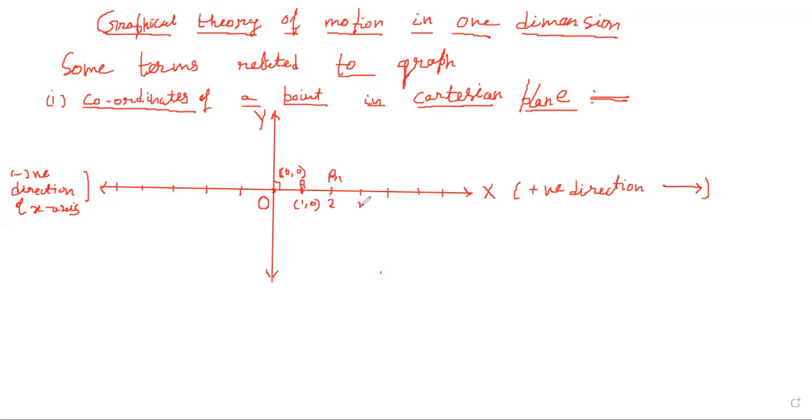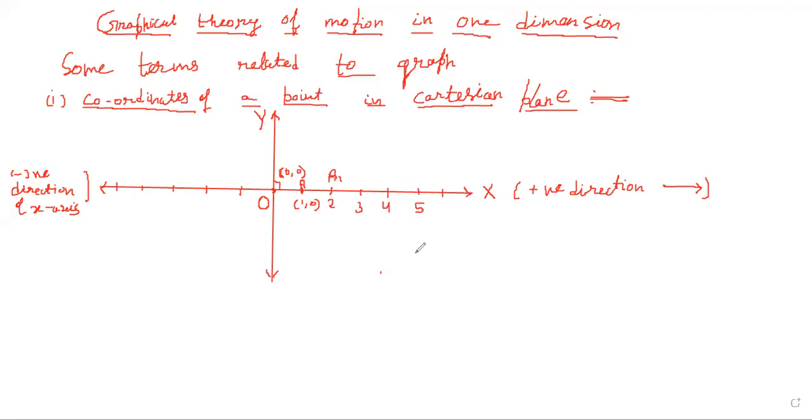The point 3 units away from the origin along the x-axis has coordinates 3, 0. The point 4 units away is 4, 0, and the point 5 units away along the x-axis and on the x-axis.